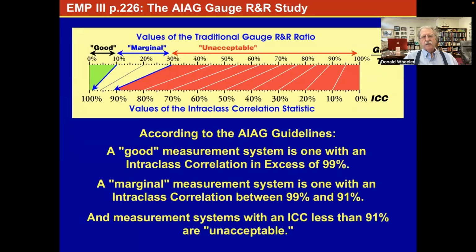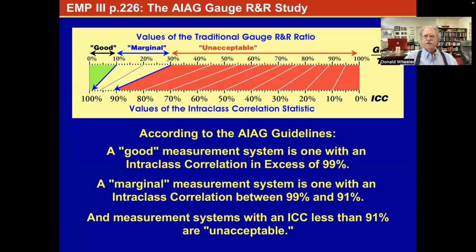So, according to the AIAG guidelines, a good measurement system is one with an interclass correlation in excess of 99%. Well, I'm sure everyone would agree with that statement. A marginal measurement system is one with an interclass correlation between 99% and 91%.